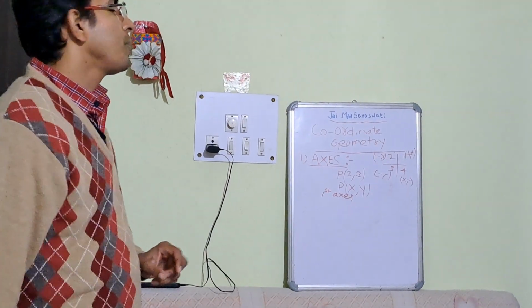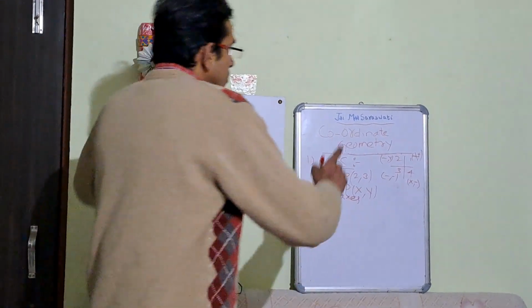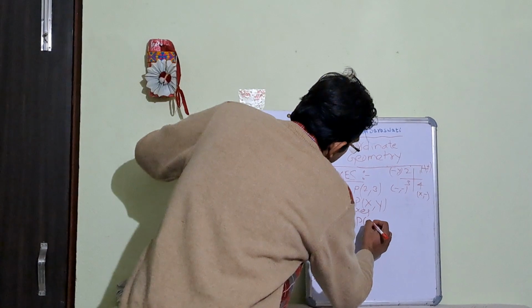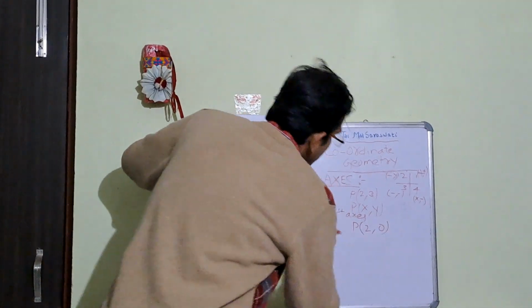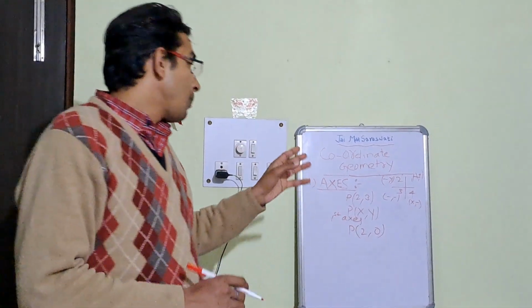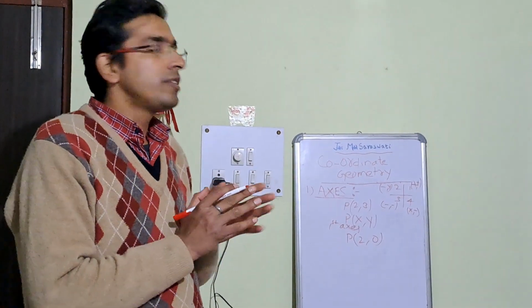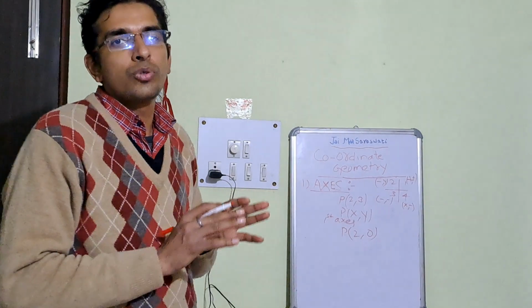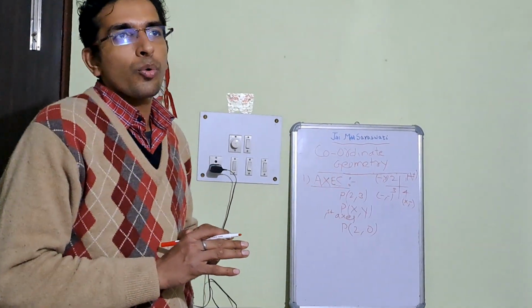Okay. Now we will consider one other example. Suppose a point is given as P(2, 0). This point is located somewhere in space whose x coordinate is 2 and y coordinate is 0.